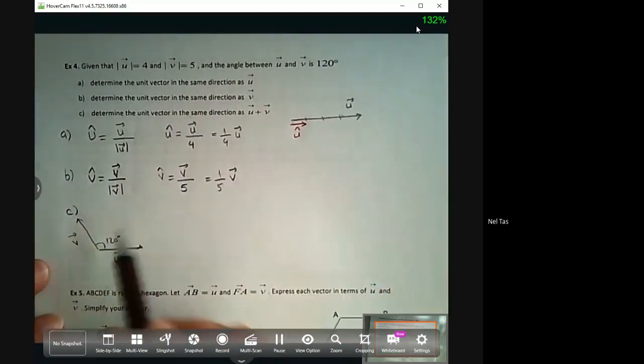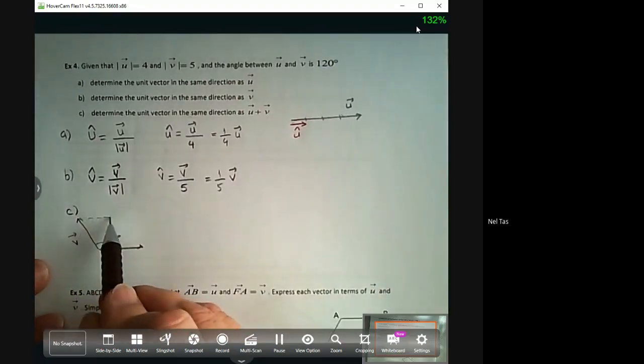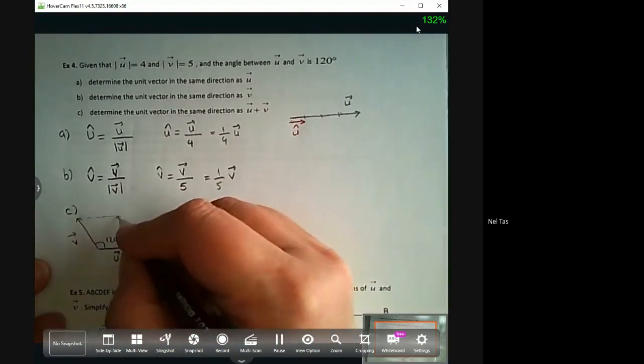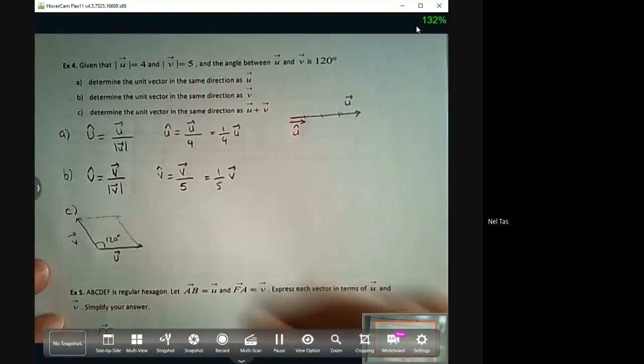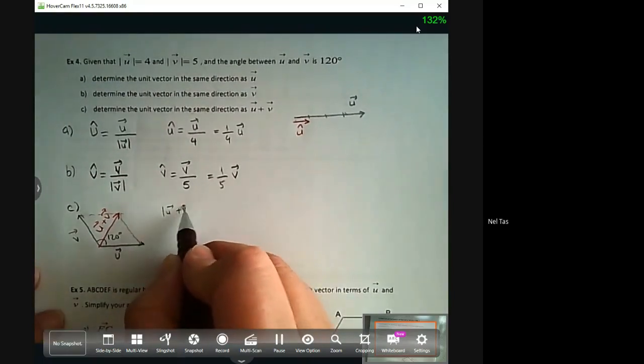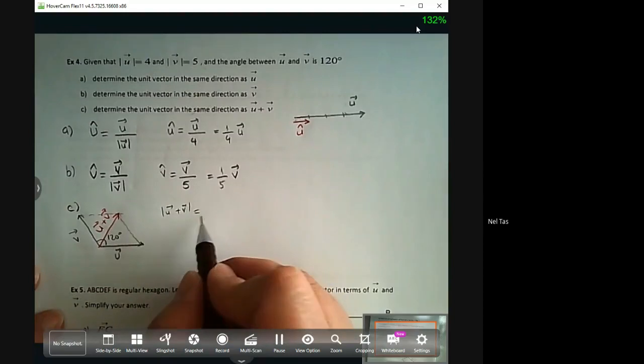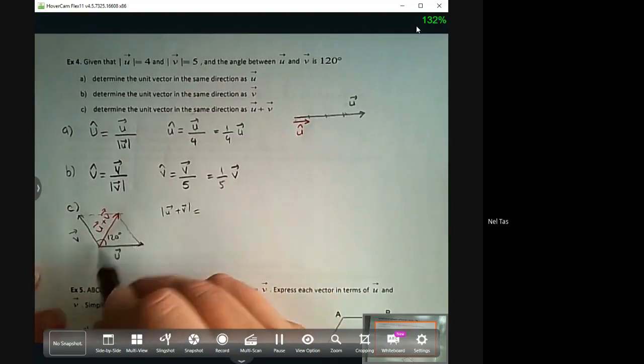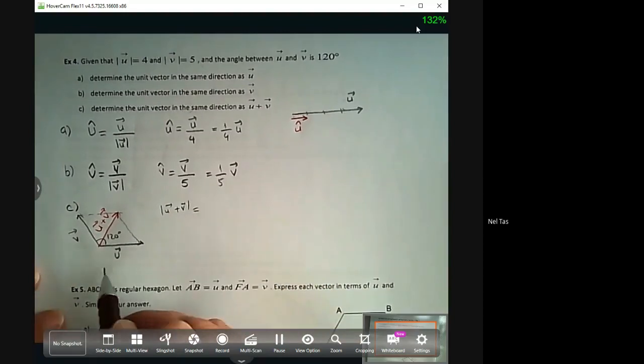So we are looking for the addition. I'm going to draw a parallelogram. So this is the diagonal, u plus v. So magnitude of u plus v is, again, we can use this triangle here.